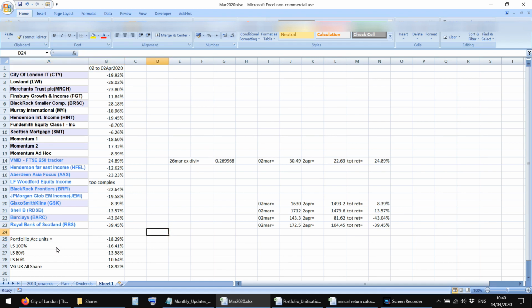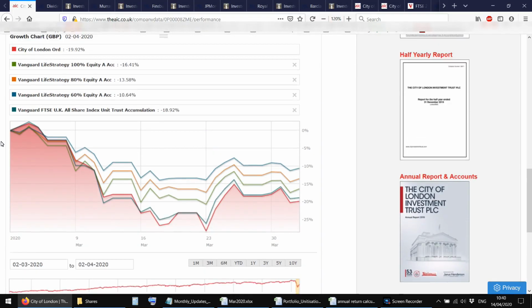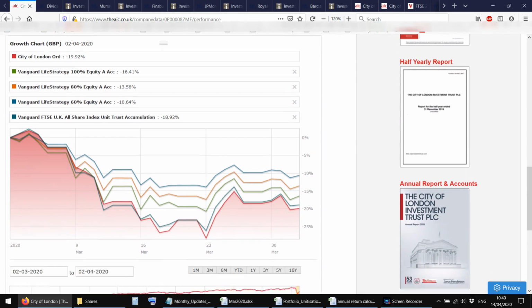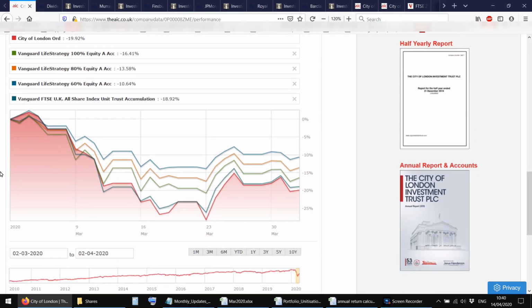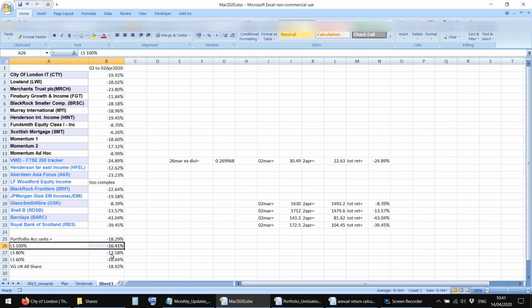But as you can see, obviously my portfolio hasn't done as well as the World Tracker would have done. I've used Life Strategy 100 because I can plot that on the AIC's website, whereas something like VWRL, which is the World Tracker ETF, I couldn't get on this website. It's just a bit easier to find the numbers. But they should be pretty similar.